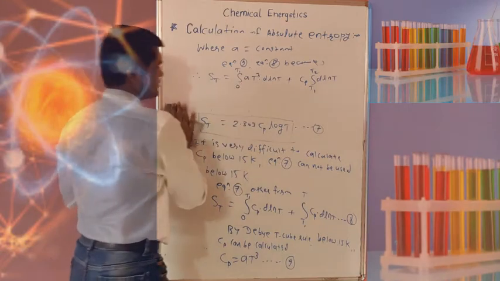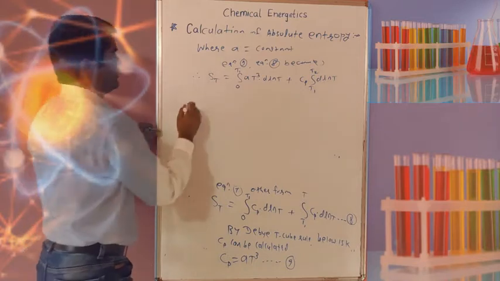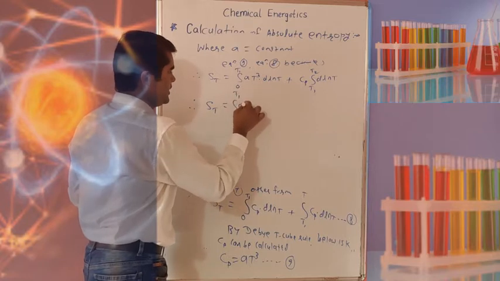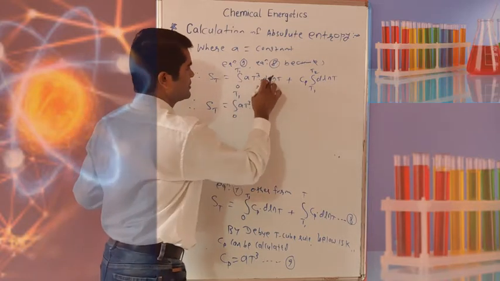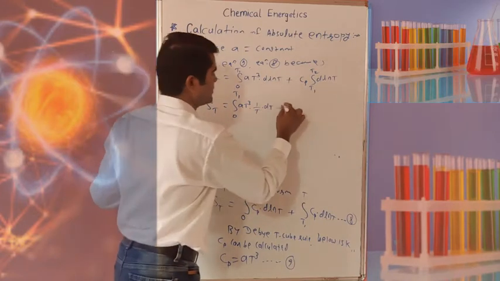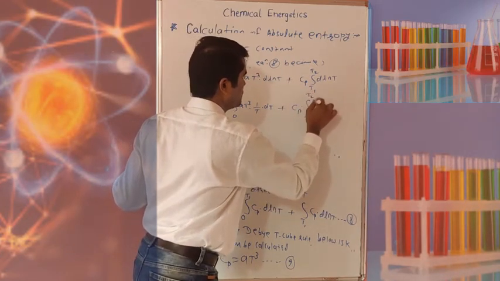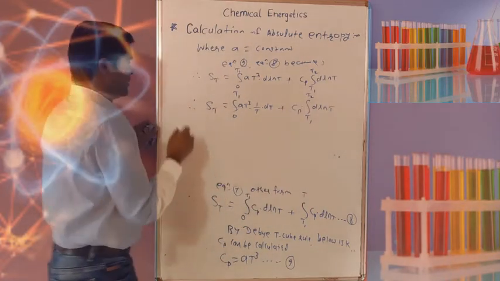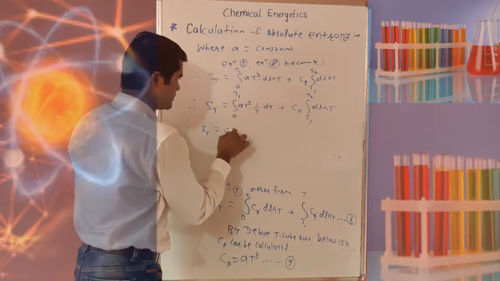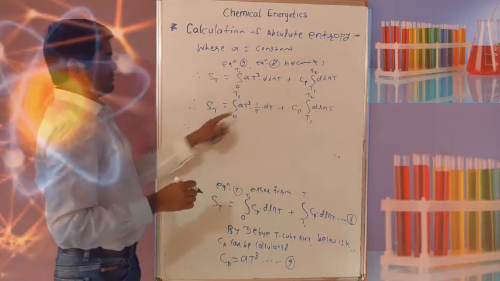But here Cp is not constant below T1, that we have to find by the Debye rule, and therefore it is used there. So St is equal to the integral from 0 to T1 of A T-cube, and d ln T is 1 upon T dT, also we can write as derivative of ln T, plus Cp integral from T1 to T of d ln T. Now here A is constant, so we can take A common, and one T will be cancelled.